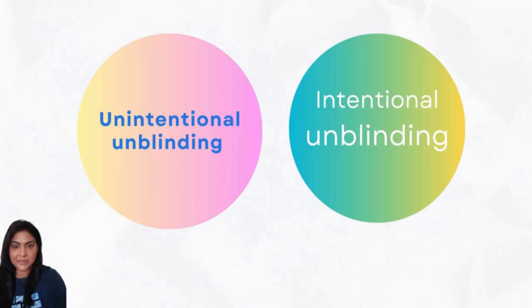Now let's discuss unblinding studies. Unblinding in some situations can be unintentional unblinding or intentional unblinding. An unblinded study is a clinical trial where the treatment the participant received is known to the research team and the participant.